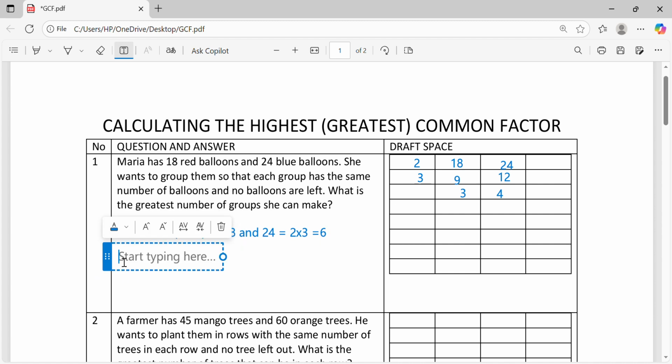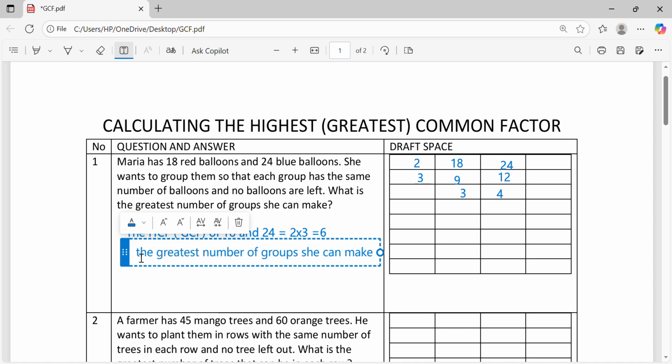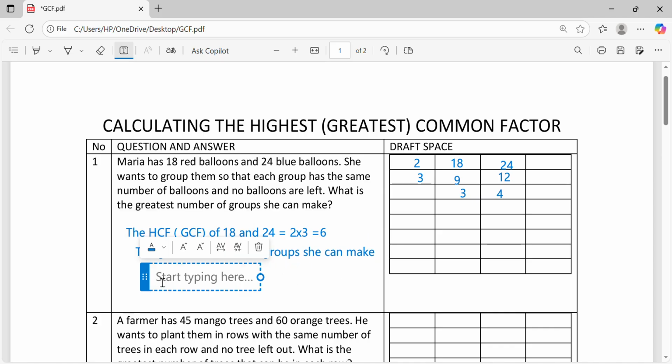Therefore, you will say that the greatest number of groups she can make equals 6. Six groups.